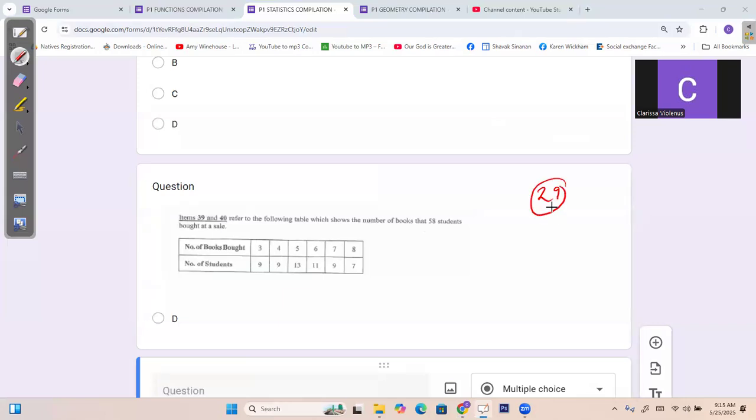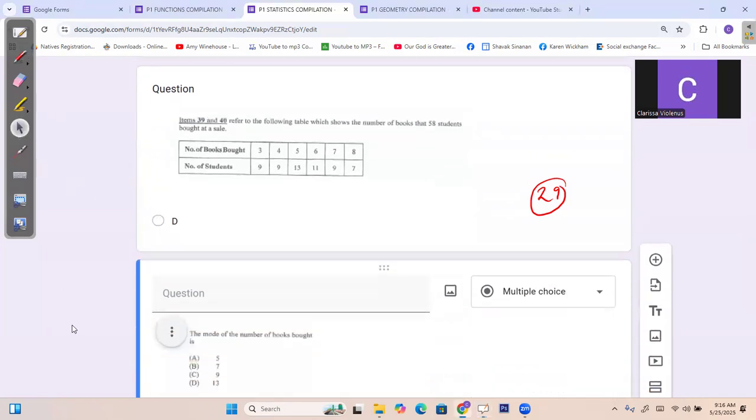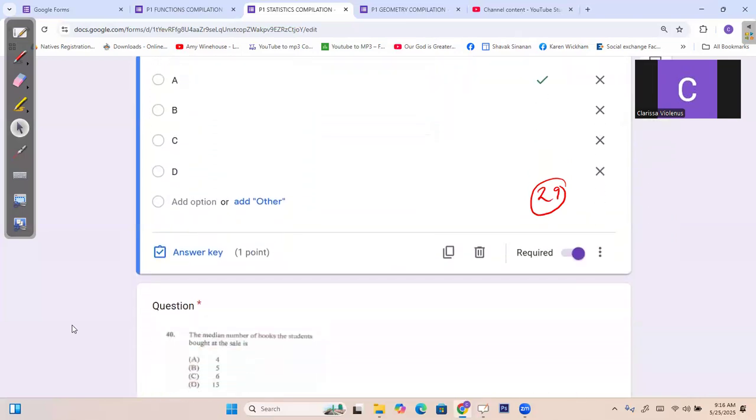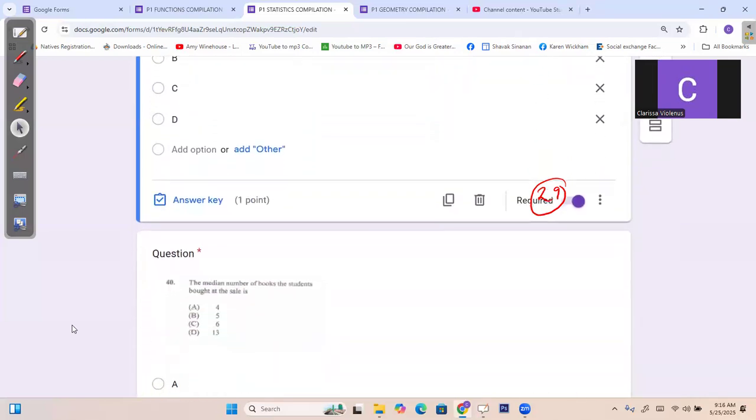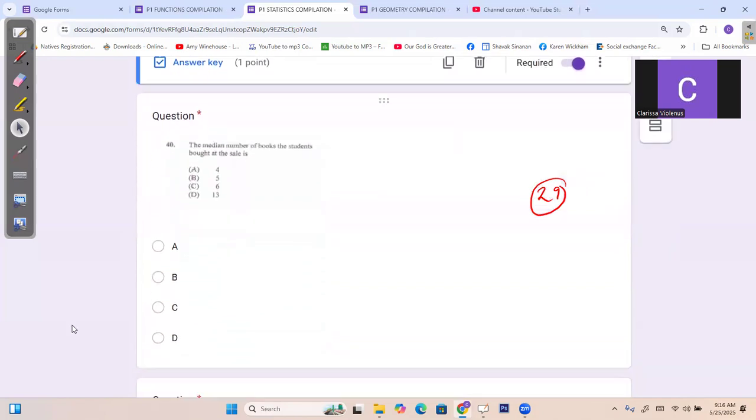So where did the 29th person fall? Remember, 58 is an even number, so we have to split it. 18 plus 13 is 31, so that means it fell inside of this book 5. So the answer is 5 books. So the answer is B.